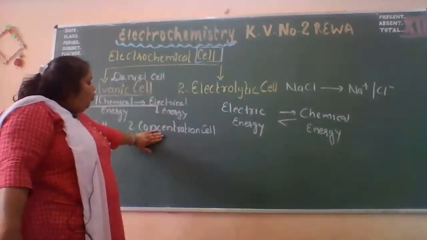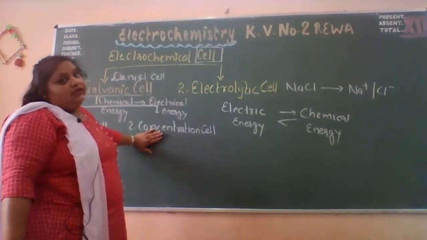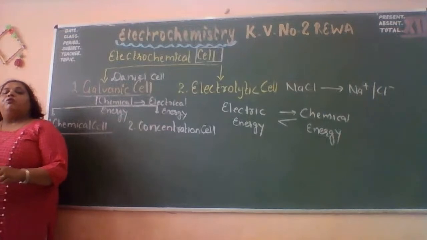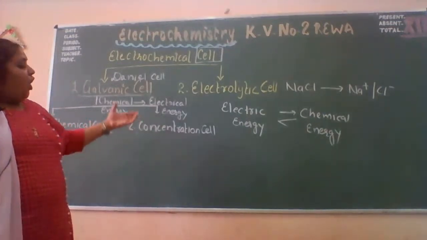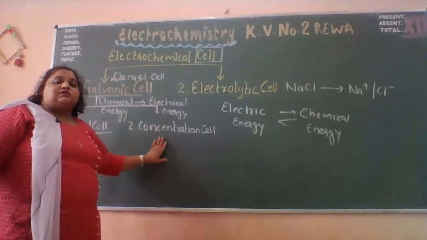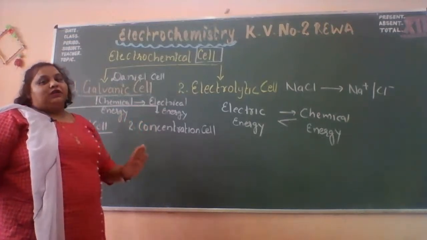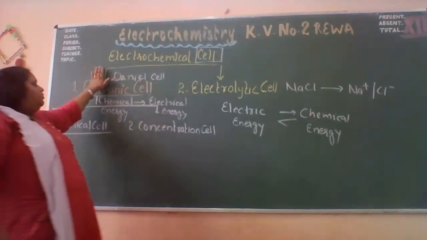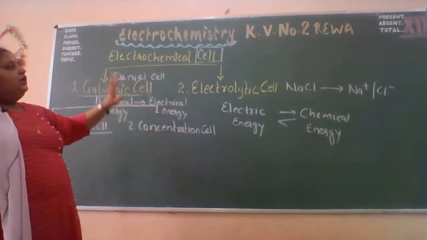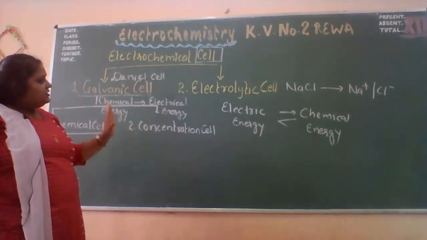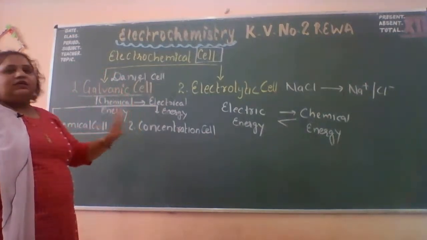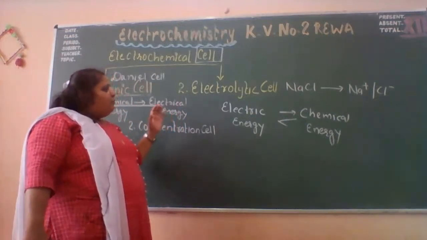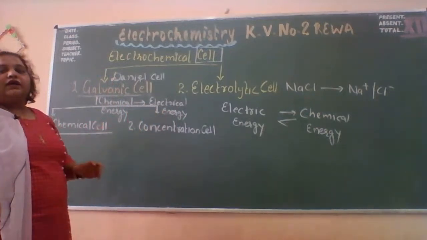But in the concentration cell, the concentration changes, and this change may be of the electrolytic solution or the electrodes. Both are possible here. So basically I taught you what an electrochemical cell is: the apparatus, the device, the setup in which either electrical energy is converted into chemical energy or vice versa, so that by chemical change electric current is produced.